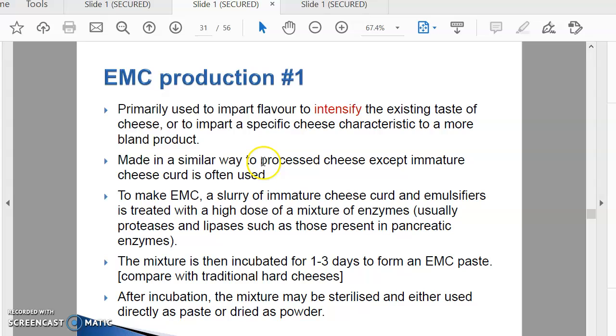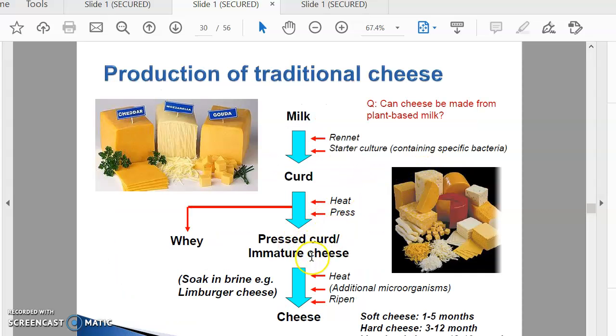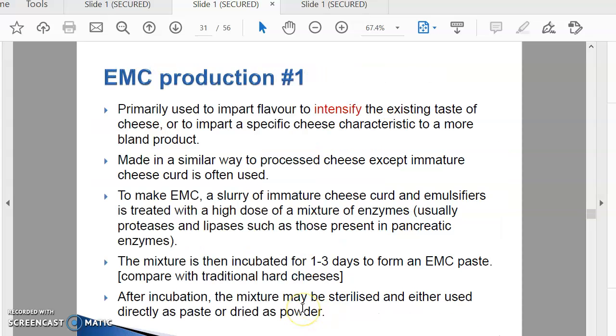It is made in a similar way to processed cheese, except it uses immature cheese curd. You don't store it, so it is still soft. A slurry of immature cheese curd is treated with a high dose of a mixture of enzymes, usually protease that can digest the protein, and lipase that can digest the fat.